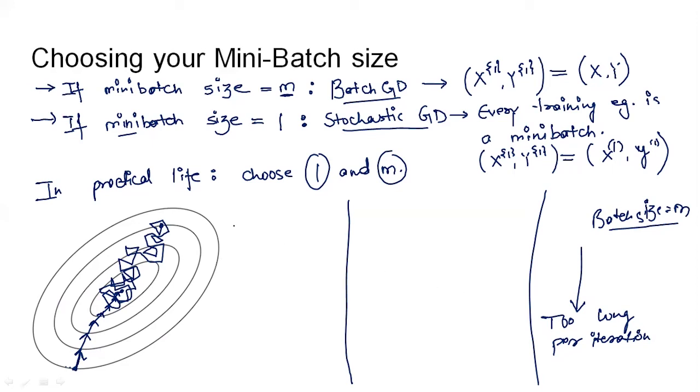And if you choose the opposite, a batch size equal to 1, the opposite of the case where we use the batch size of m, then in stochastic gradient descent you would again not get a very effective result, as you would lose the speed up from vectorization.